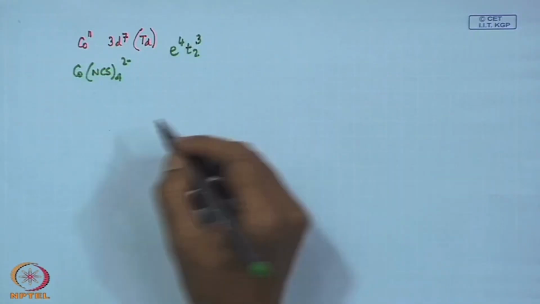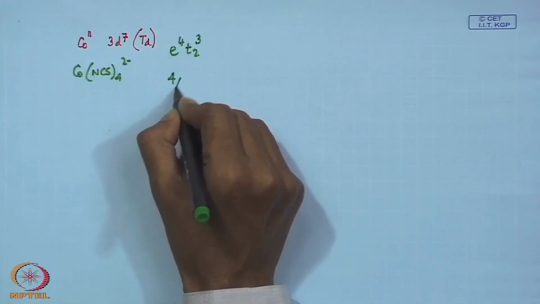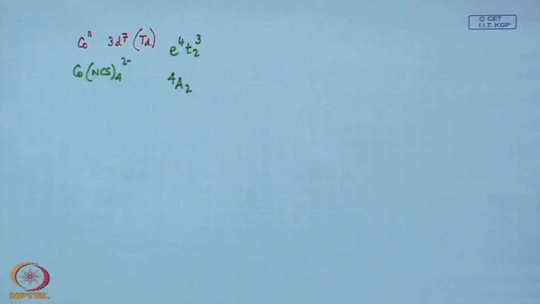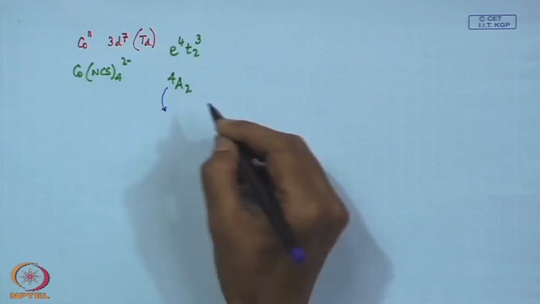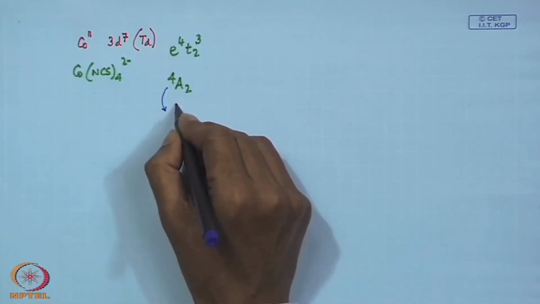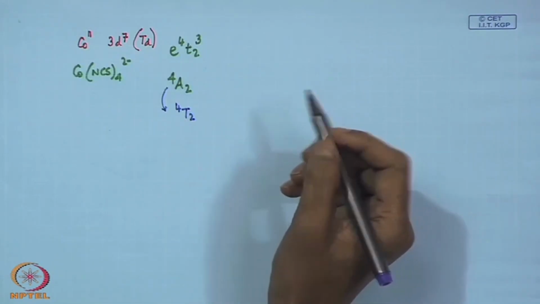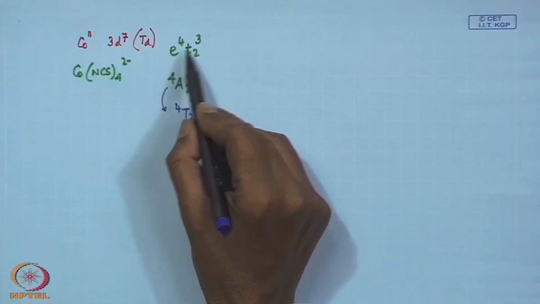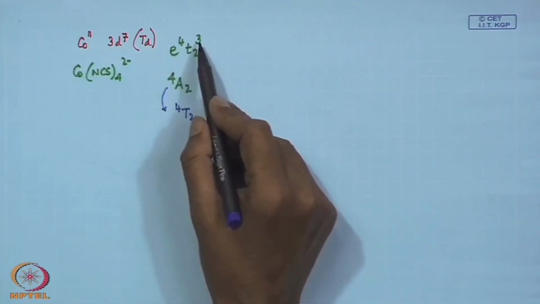The ground state is 4A2, which also does not contribute any orbital moment, but this 4A2 term will have a 4T2 term related to the movement of one electron from here to here. So, this one will be e4 t2 4.